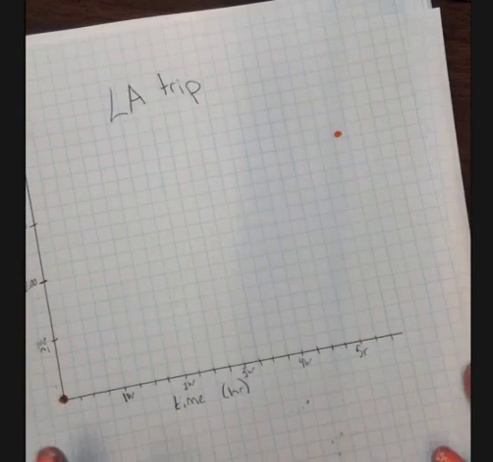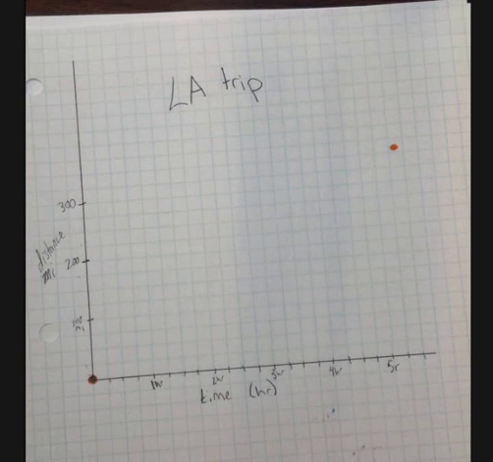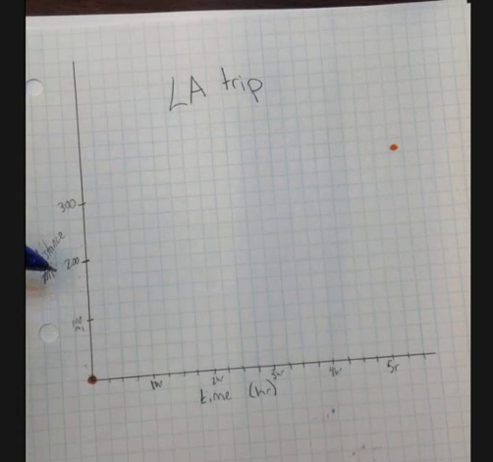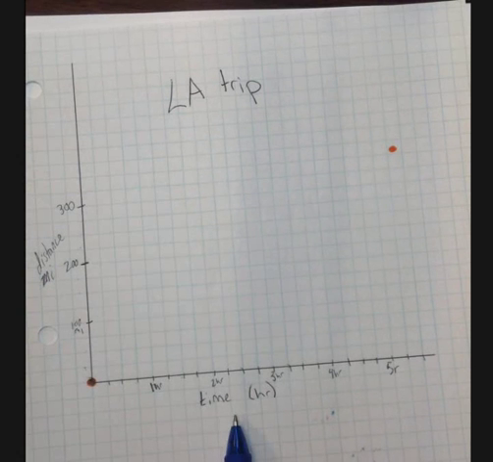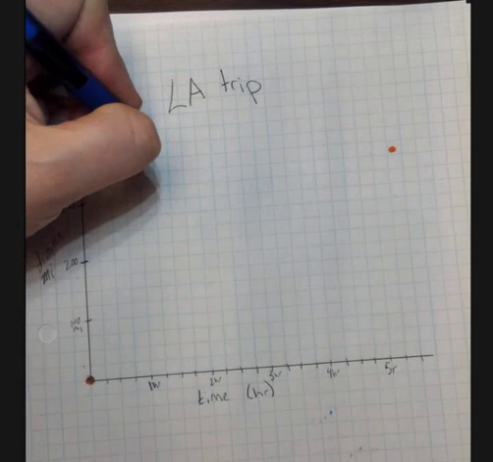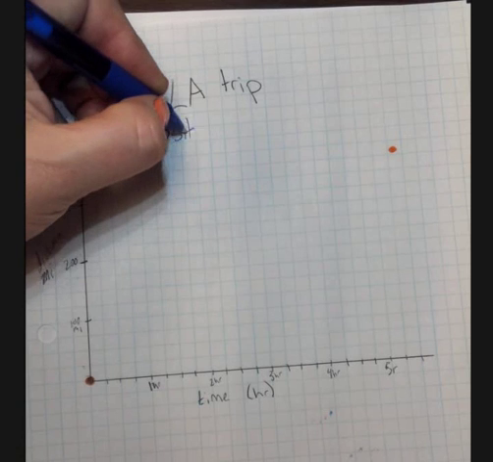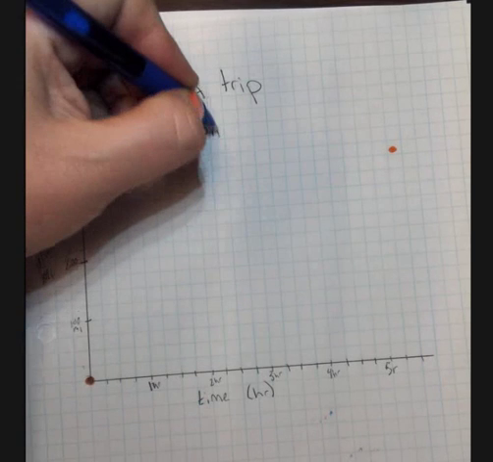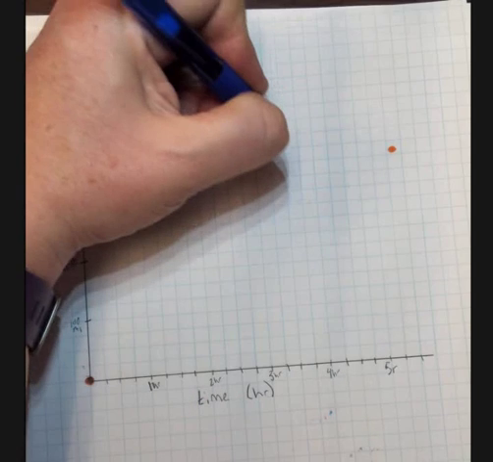All right, so here on this graph, what you can see is that there is an axis. Our time axis is in hours. Our distance axis is in miles. This is our Los Angeles trip, but really this is a position versus time graph.